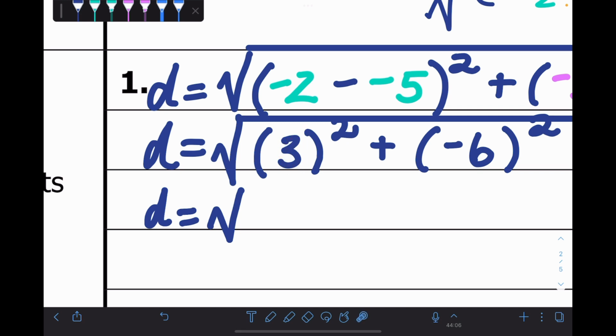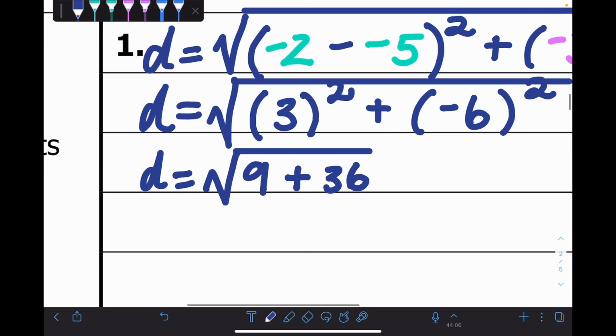We can go 3 squared and put that in our calculator, or 3 times itself. 3 times 3 is 9. Plus -6 squared, or -6 times -6 is 36. And that's positive, because a negative number times a negative number gives us a positive number.